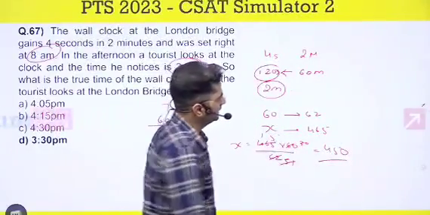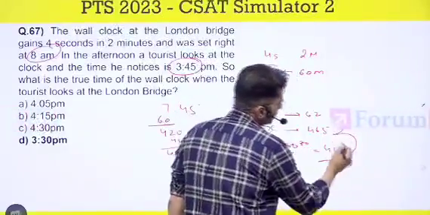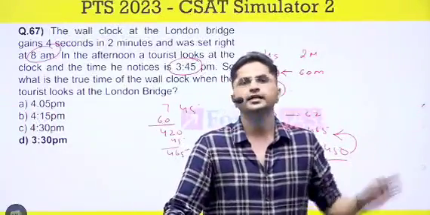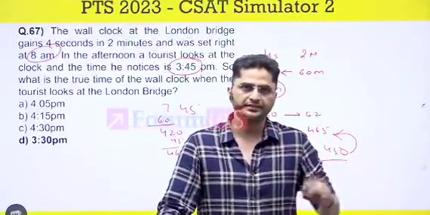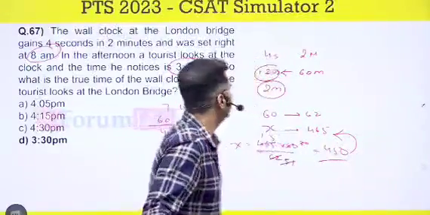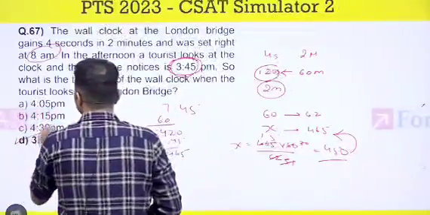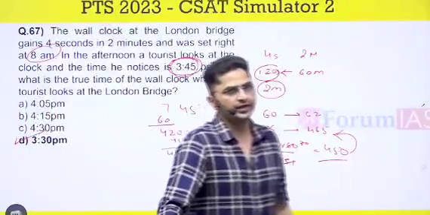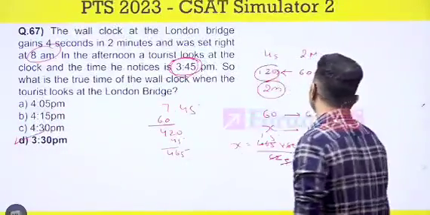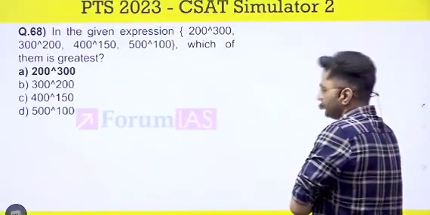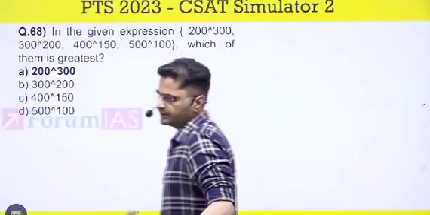That means the actual time is 15 minutes behind. It is showing 465 minutes, but actually it should be 450 minutes. So reduce 15 minutes from the shown time, and we get 3:30 as the answer. So my answer is 3:30 p.m. This was a tricky question, to be honest.